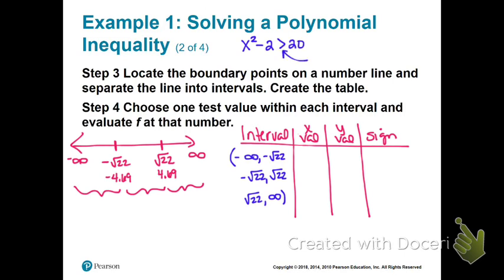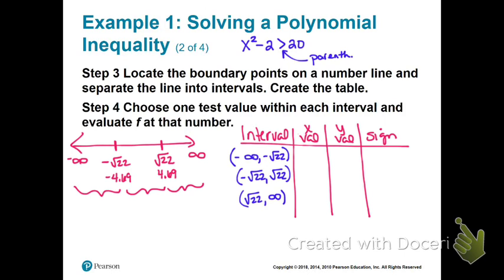So is that going to give me parentheses or brackets if it's just a greater than? Parentheses. Remember, it has to have the equal to have a bracket. So since this is only a parenthesis, all of the numbers we got from it are going to be parentheses as well. So both the negative square root of 22 and the positive square root of 22 will be parentheses.